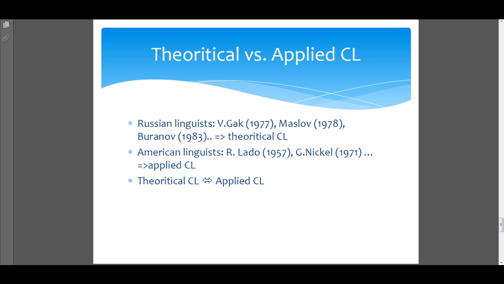Obviously, the applied contrastive linguistic outcomes will not be possible without foundational studies from theoretical linguistics.